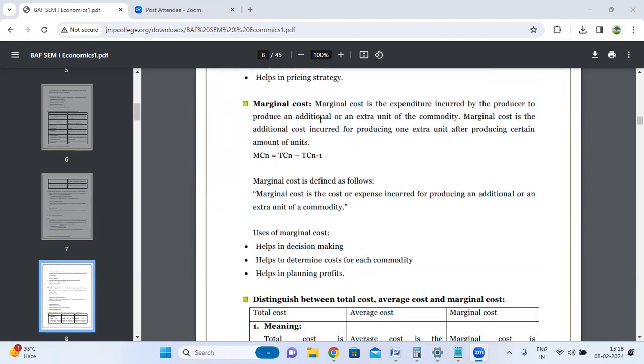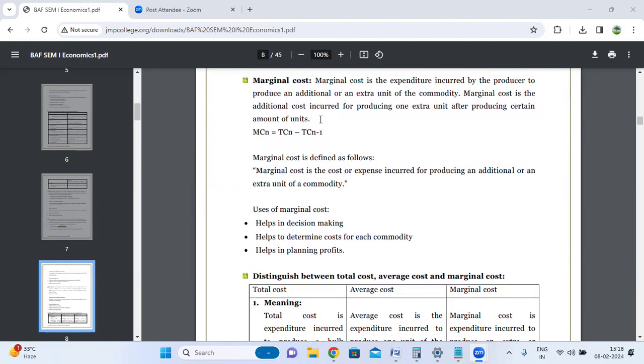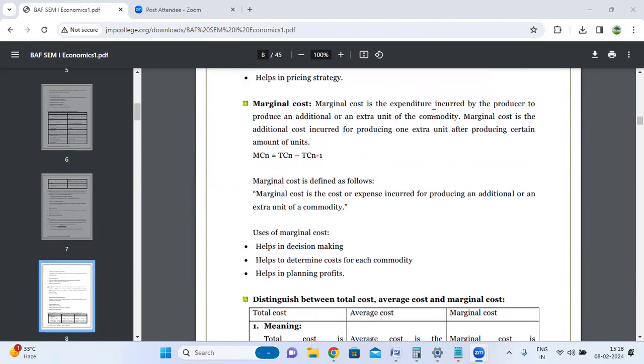Next one, marginal cost. The marginal cost is the expenditure incurred by the producer to produce an additional or extra unit of commodity. So marginal cost is the additional cost incurred for producing one extra unit after producing a certain amount of units.